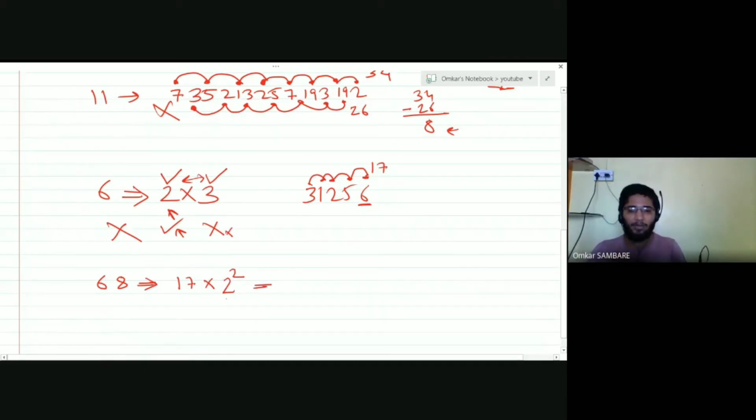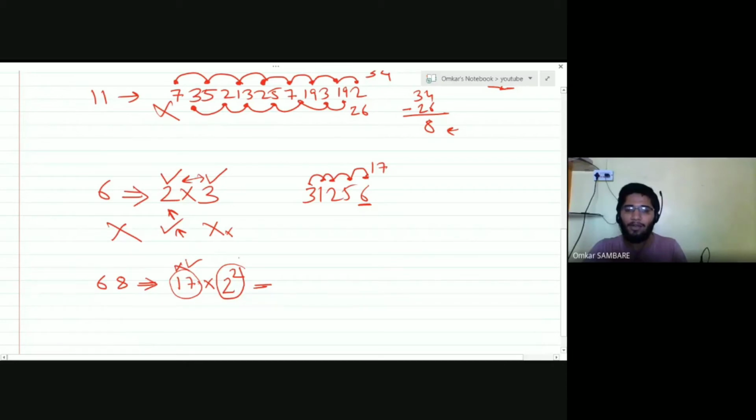Now I will check the divisibility of 2 square, that is 4. We know the divisibility of 2 square: we have to check the last 2 digits. And then I will check the divisibility of 17. Now what is the divisibility of 17? Till now we don't know that, but we will check that afterwards. If you know the divisibility of 17, then apply that.